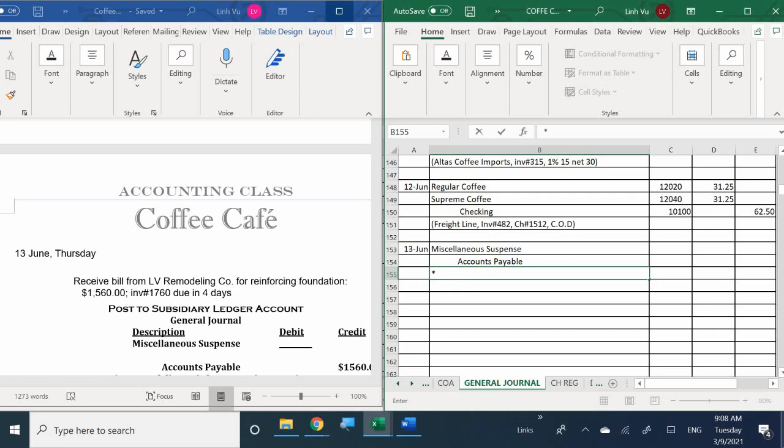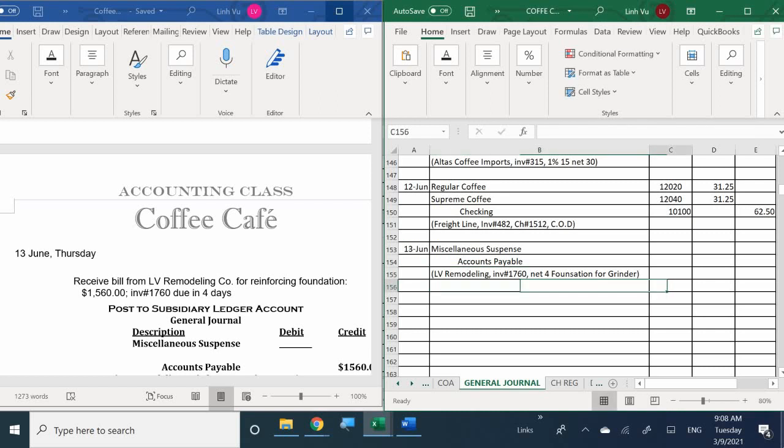So I could say this is from LV Remodeling, invoice number 1760. Net foundation for grinder.